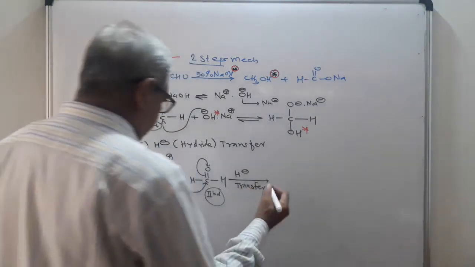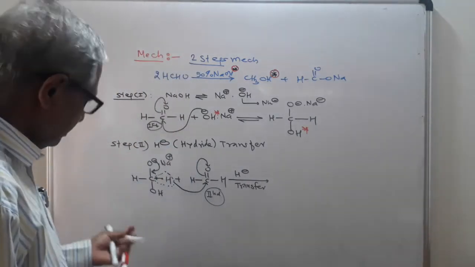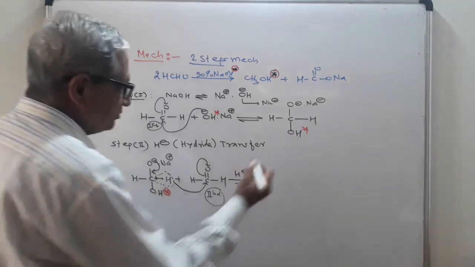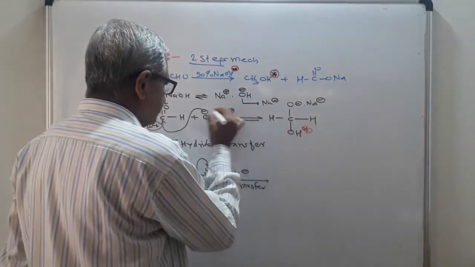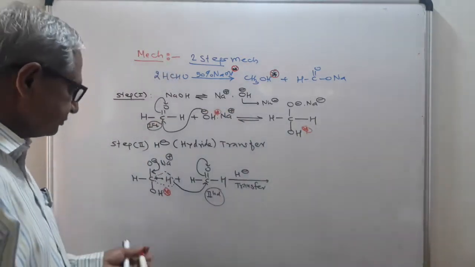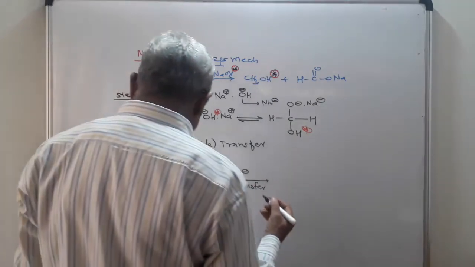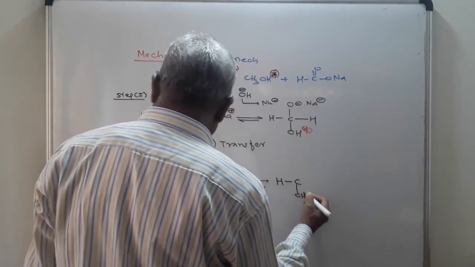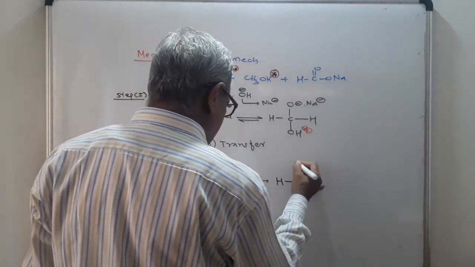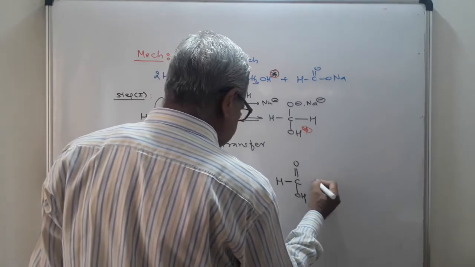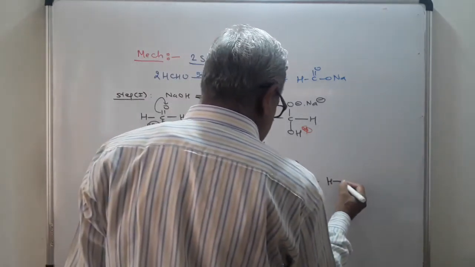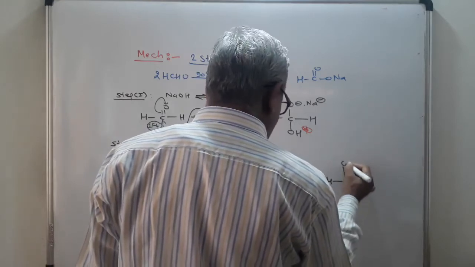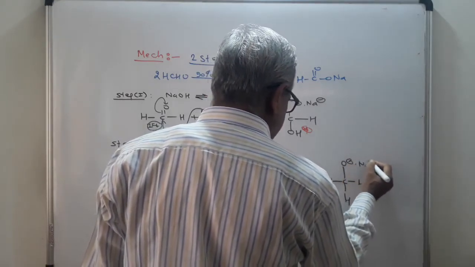So you will get the structure. Now I will indicate the hydrogen atom by red color. This is the point here. So you will get the structure like this, HCOH double bond O plus HCH here H O minus Na plus.